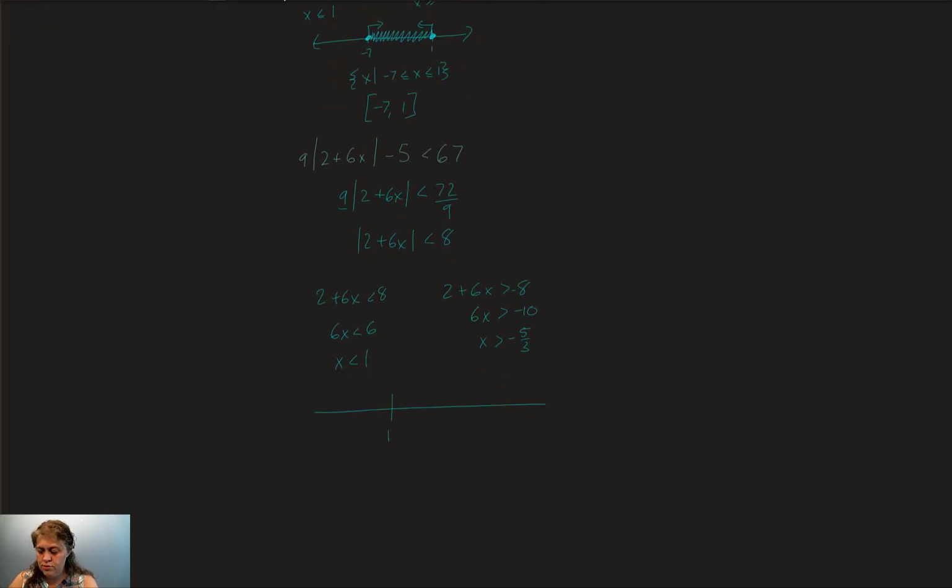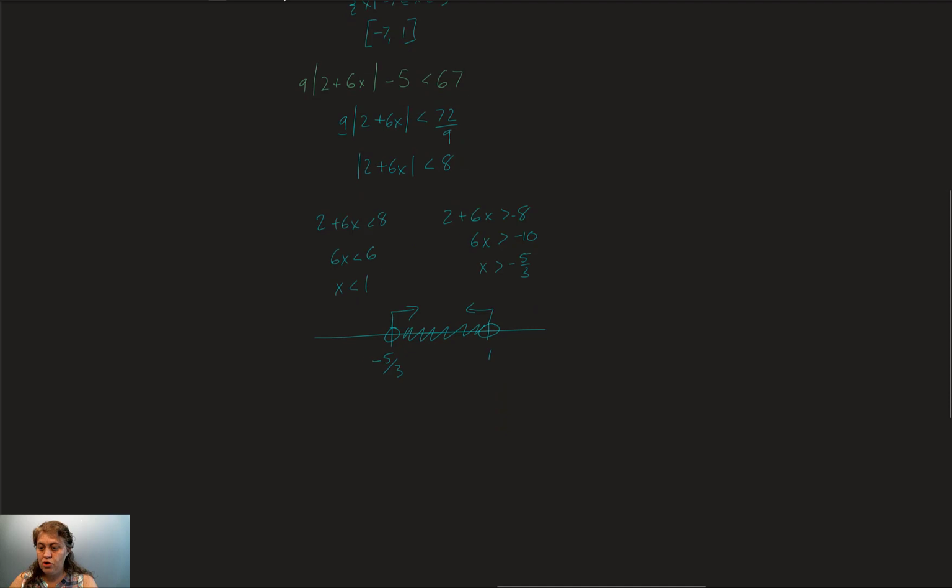Negative 5/3 and 1, open circles. Same type of setup, just with open circles. So we end up with x such that negative 5/3 is less than x is less than 1. And negative 5/3, 1, parentheses.